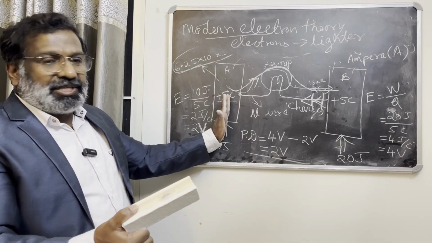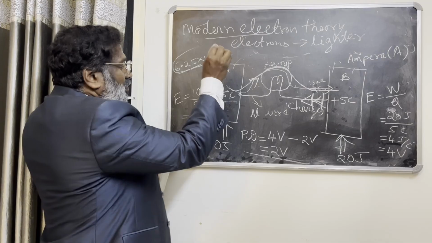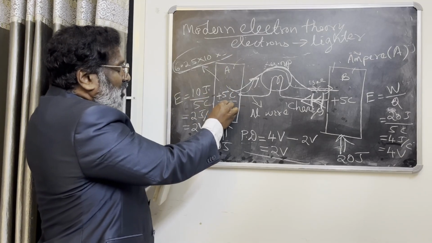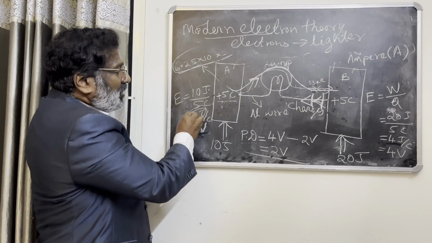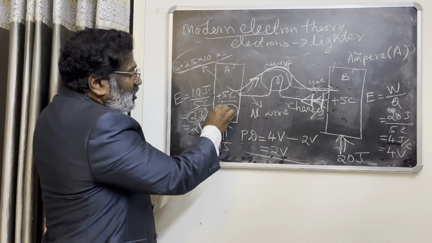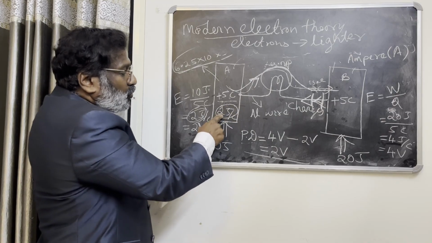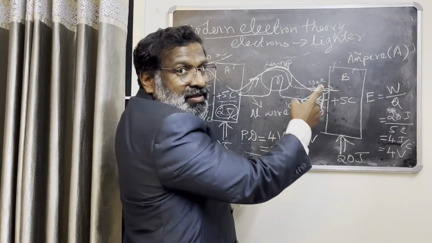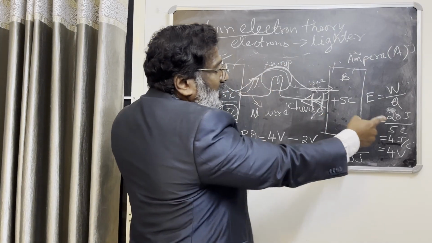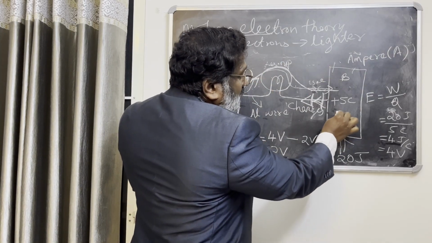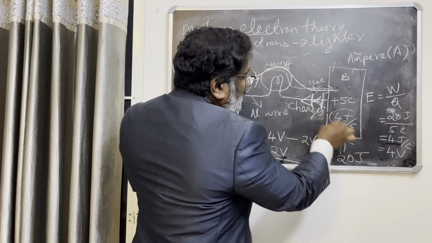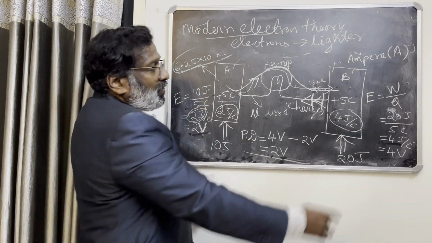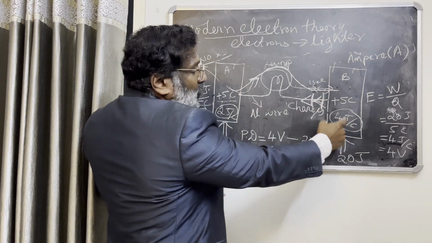We will see the same example. So in body A, each coulomb of charge is having how much energy? 2 joules of energy. What happens in B? If the electron has to be in B, each coulomb should have 4 joules.